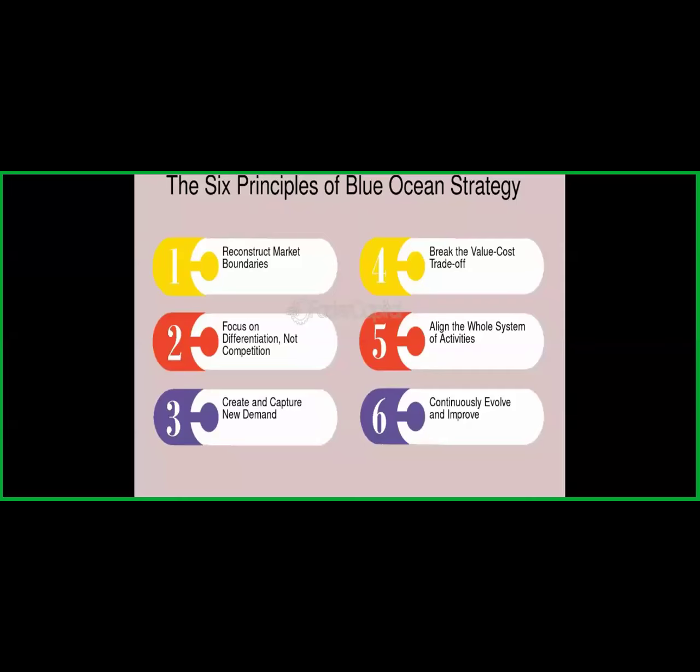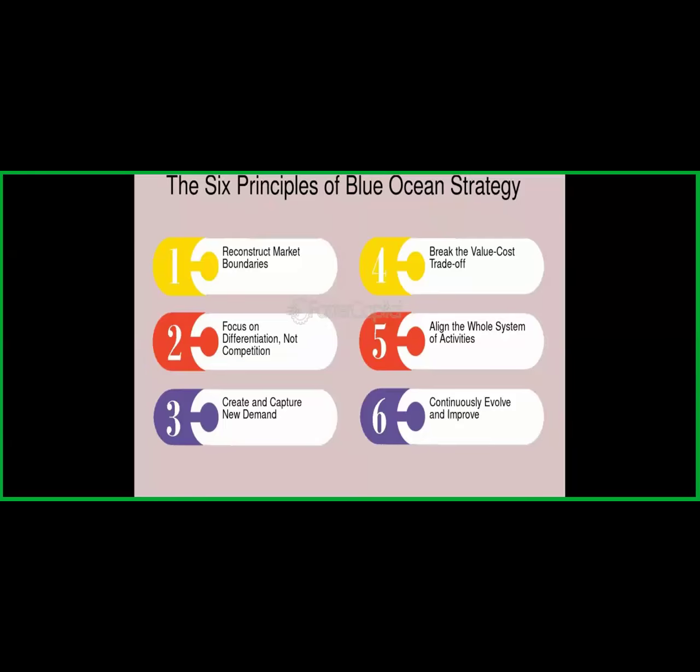The speed of that particular game is improving because the graphics are lighter, and people are getting attracted towards that. So that is what breaking the value cost trade-off means. Instead of just concentrating on the price tag, you can break that price tag if you can create the value of your product.